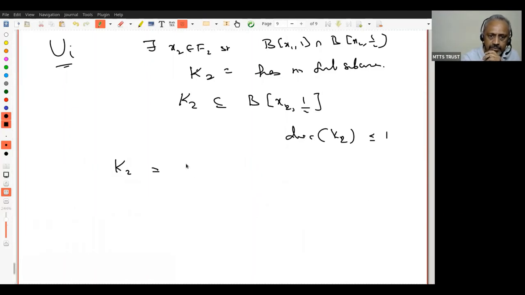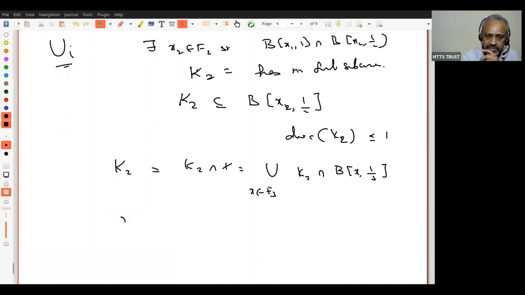Now, K2 equals K2 intersection X, but that's equal to the union over x in F3 of K2 intersection Bx 1 by 3. Do you understand this? Therefore, what do I know? There is at least one x3 in F3 so that K2 intersection Bx3 1 by 3 is a rogue.